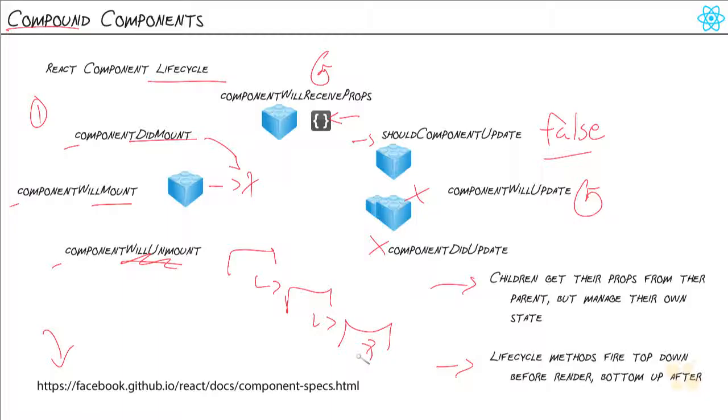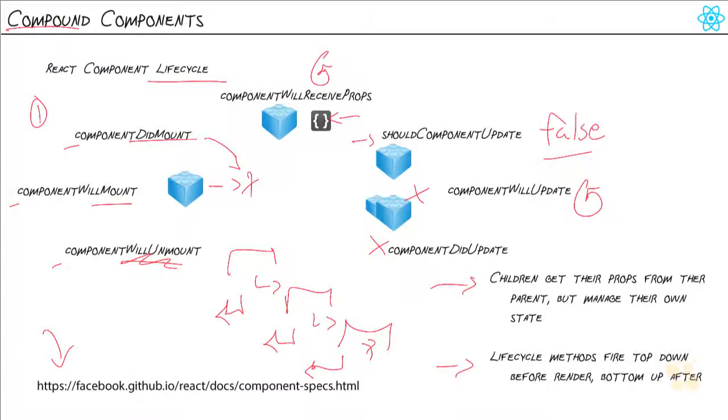Once we've rendered, component did mount is going to fire down here first and then move up the chain. So after render, component did mount is going to fire bottom up. It's going to fire on the lowest child first, and then up the chain it will go. So it's important to remember, when you have a compound component, that the lifecycle events are going to follow that top down prior to render, bottom up after render.